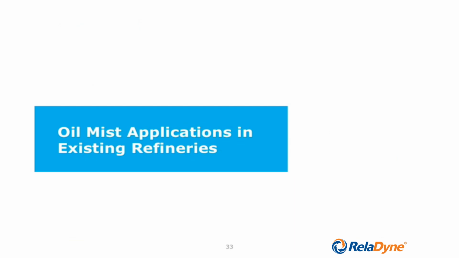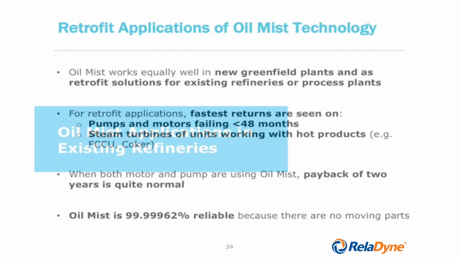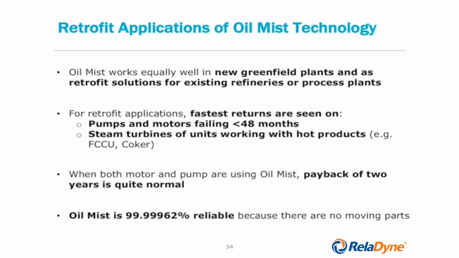We will talk briefly about oil mist applications in existing refineries, retrofit applications of oil mist technology. First of all, oil mist works equally well in new greenfield plants and also as a retrofit solution for existing refineries or process plants.